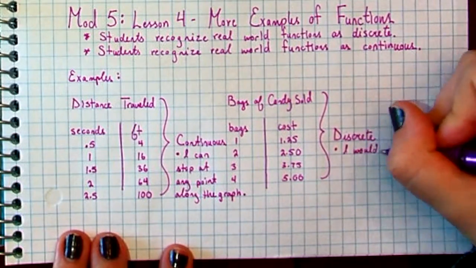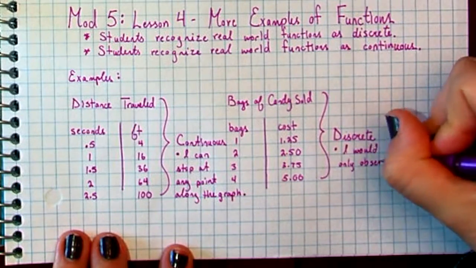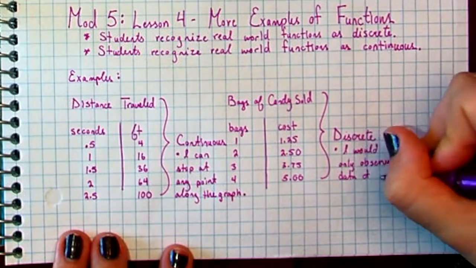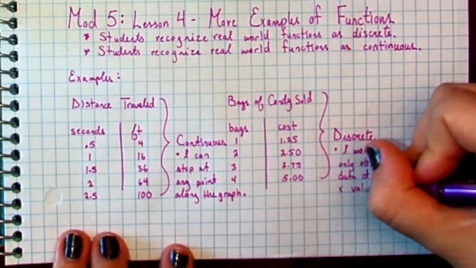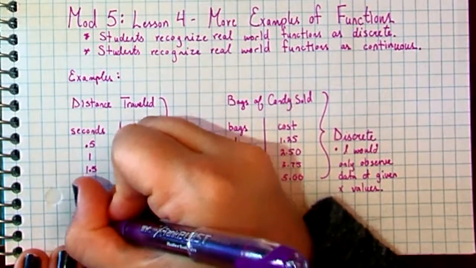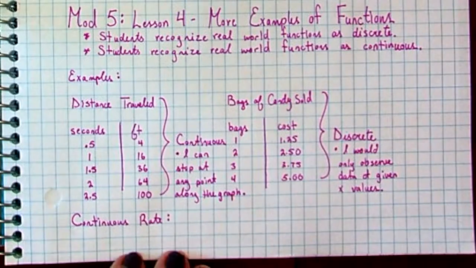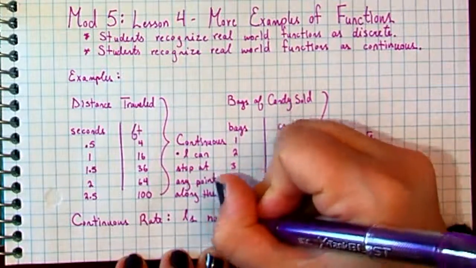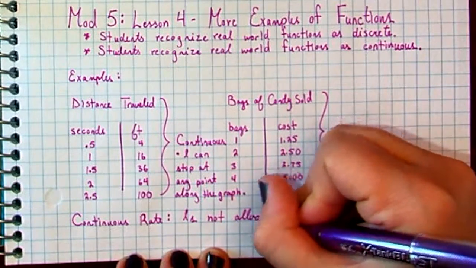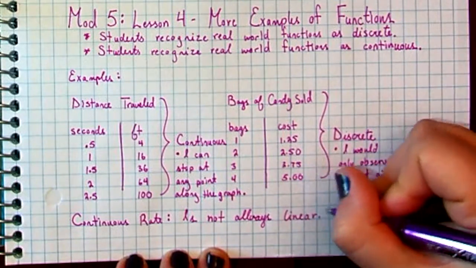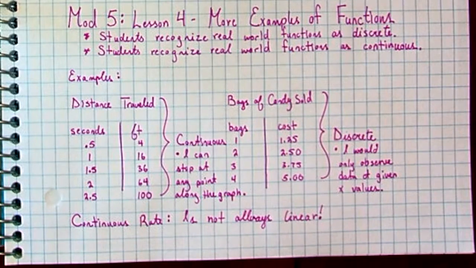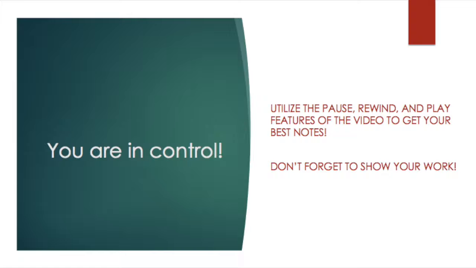Whereas discrete, I would only observe data of given x values. So continuous data, or continuous rate, is also not always linear. So again, when I look at that data, it doesn't have to be a straight line to be continuous.